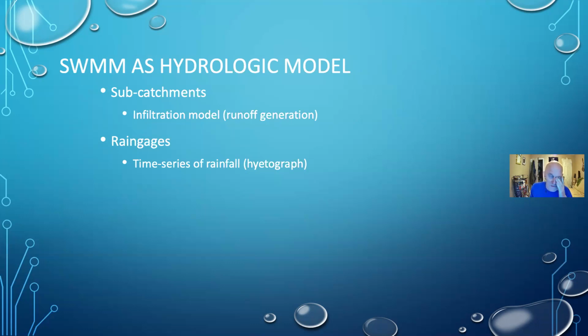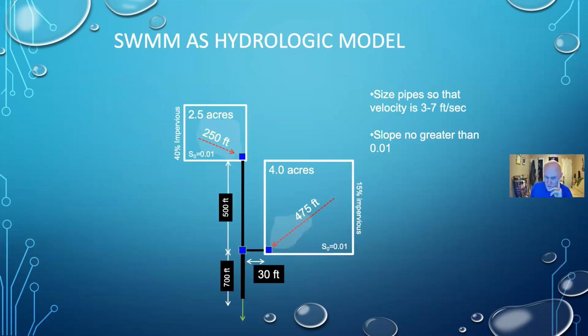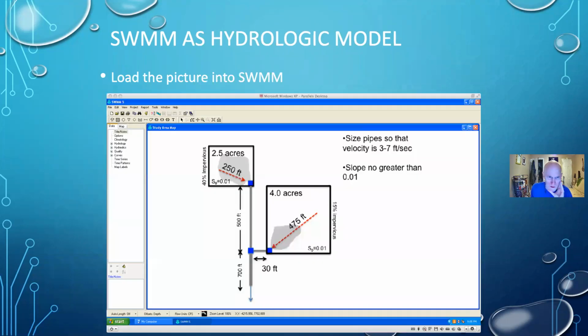And then the time series of rainfall, the hydrograph, is entered in an object called a rain gauge. We've seen this picture before. And how we apply SWMM as a hydrologic model is each of these 2 drainage areas, the 2.5 acres and the 4.0 acres, are conceptualized as a subcatchment in the SWMM computer program.